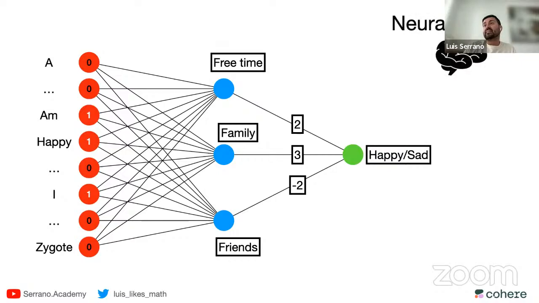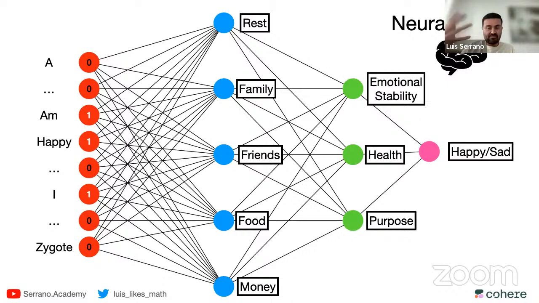And in reality, that's a neural network where the outputs of this second layer of neurons goes into a third one that is just a more complicated concept. And maybe you just have something like this, where the first layer is a bunch of neurons that tell you if you have rest, if you have family, if you have friends, food, or money.